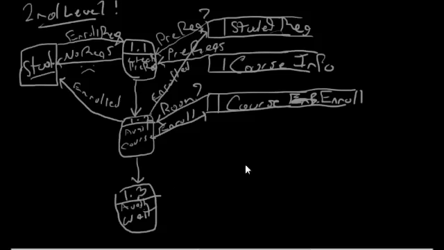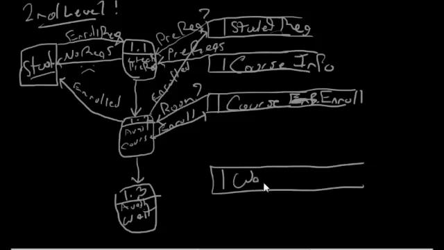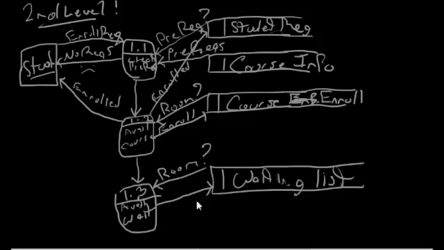Okay, so first we need our waiting list again. Bring up our waiting list. And then, if you remember, we did a request to see if there was room. This is pretty much an expansion of the first level fragment. Room. If there is room on the list, we put them on.